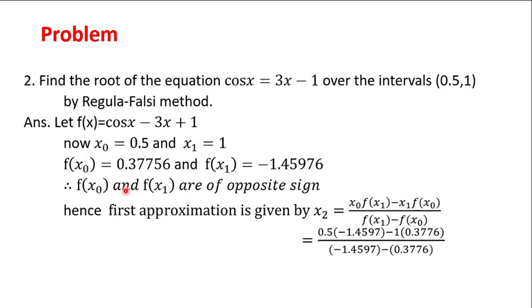Now first type the function in the calculator: cos x minus 3x plus 1. See here, cos, alpha closed bracket, we get it, type the x value, then close the bracket, minus 3, again press alpha closed bracket, that is x, plus 1. Now the function cos x minus 3x plus 1 is displayed in your calculator.